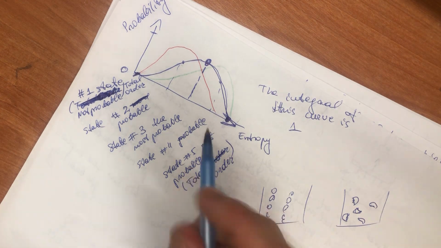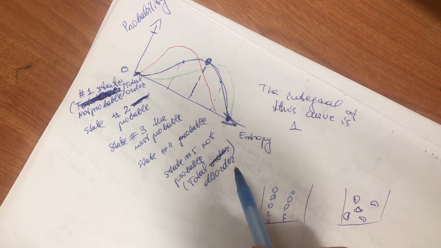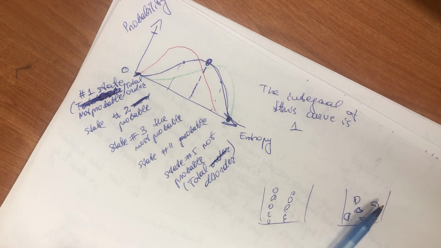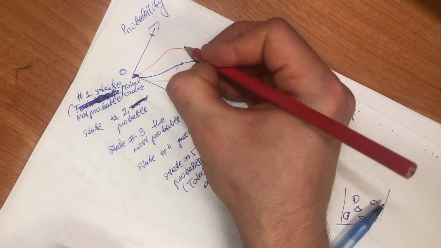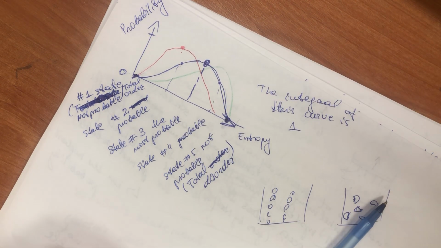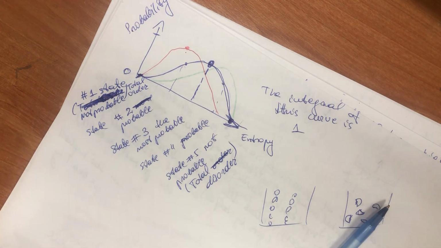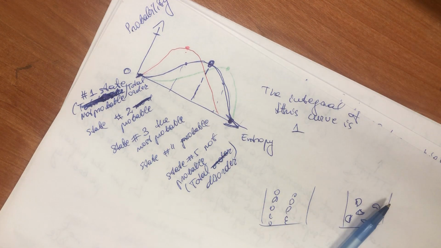This is what I wanted to show about what entropy means. Some other possible systems may have this kind of shape, where the most probable state is here. Others may have this one. So this is what I wanted to illustrate for you.